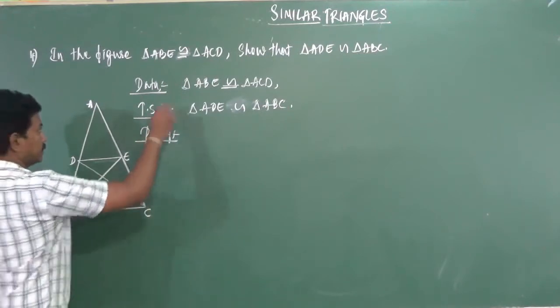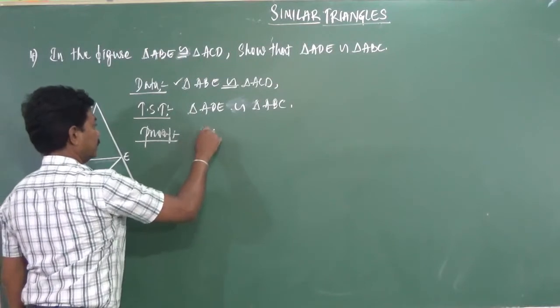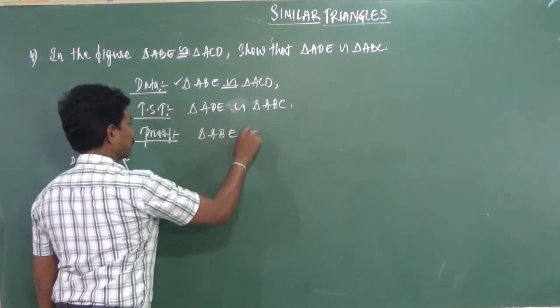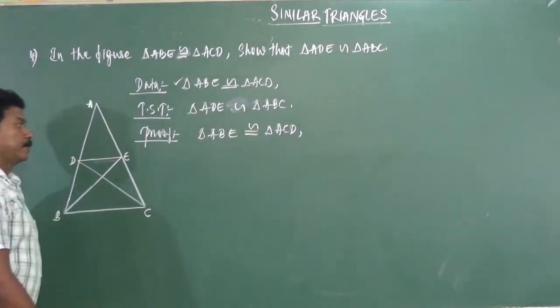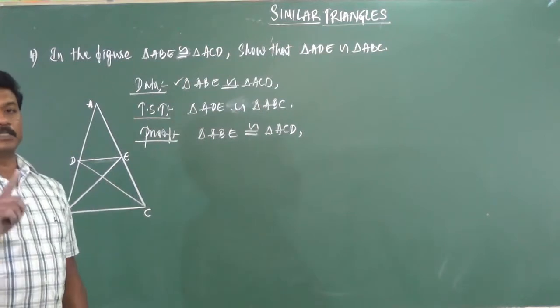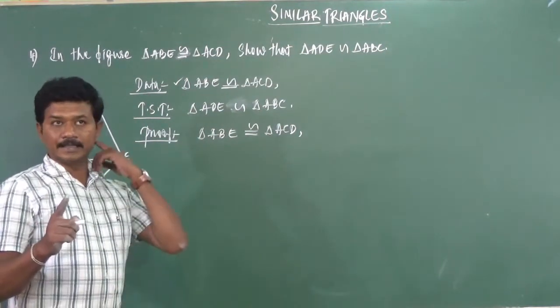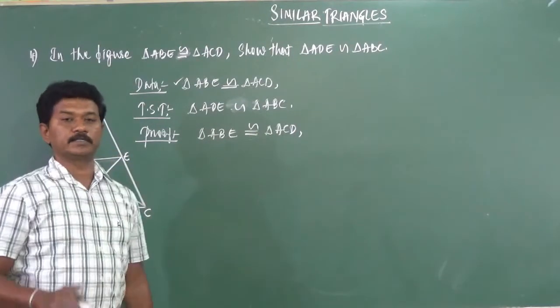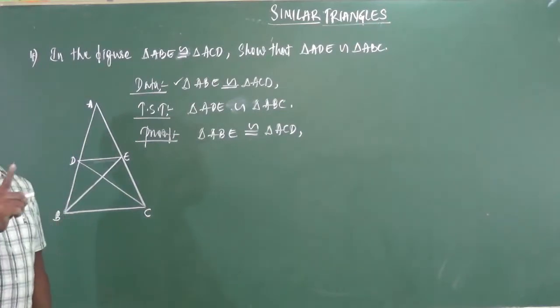So we'll take the data, congruency. Triangle ABE is congruent to triangle ACD. This is given. If you remember the properties of two congruent triangles, the ratio between the corresponding sides of two congruent triangles will be 1:1, and their corresponding angles will be equal.